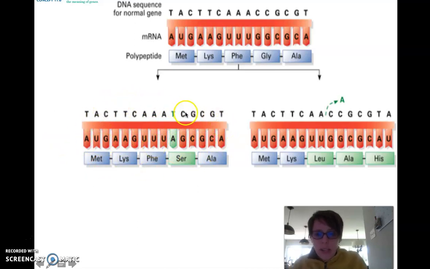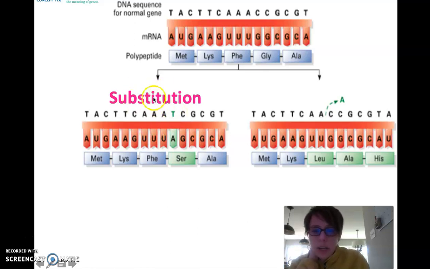So you can see right here in the original DNA sequence, there should be an adenine, but here we have a mutation, and the mutation is just a change. Any mutation is just a change in DNA, and this is a very simple kind of mutation, and it's just called a substitution.